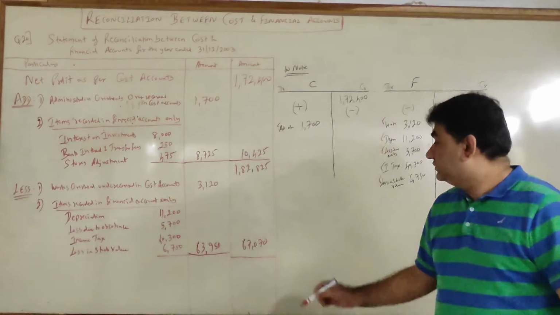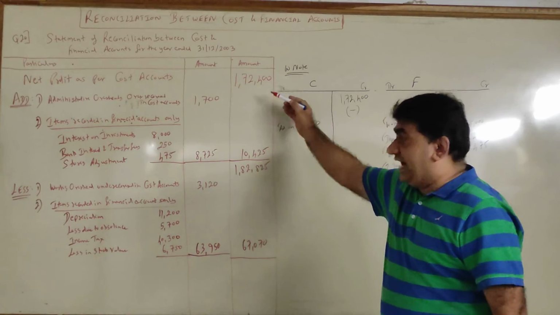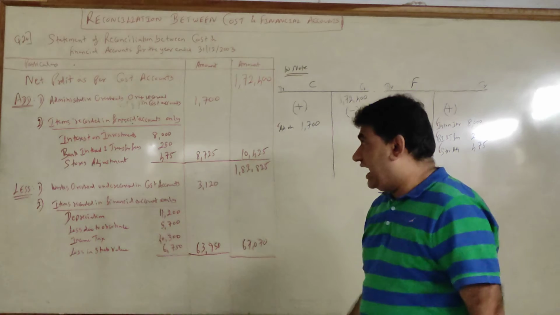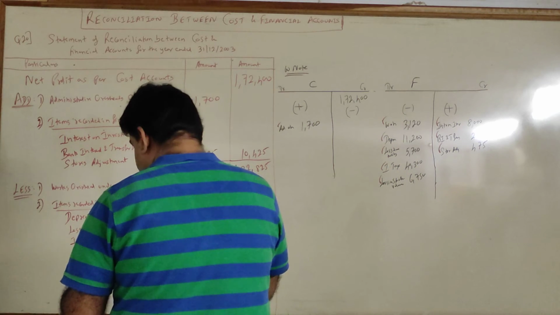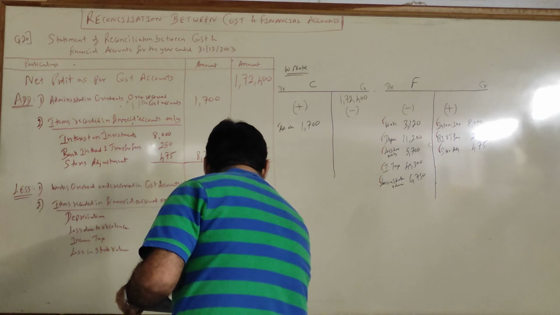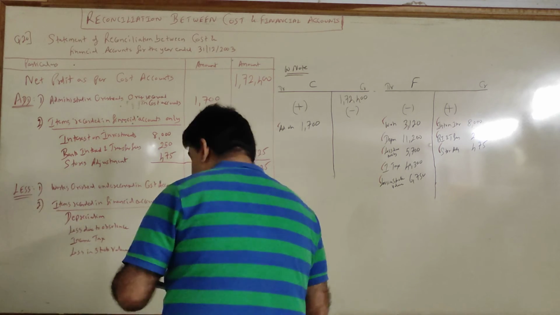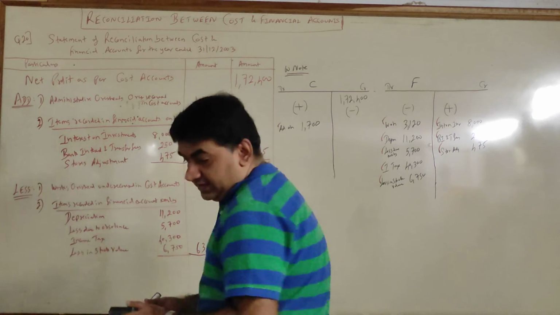And now what I do, this is my deduction total. From this total, which is your net profit plus the addition, I will deduct this, get the answer. 182,825 minus 67,070 gives you 115,755.